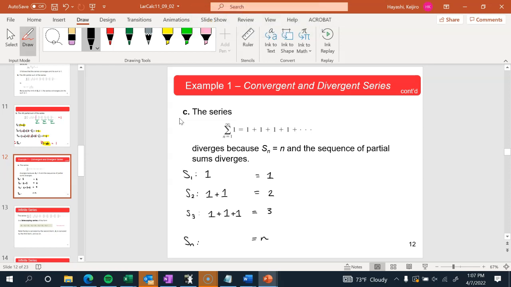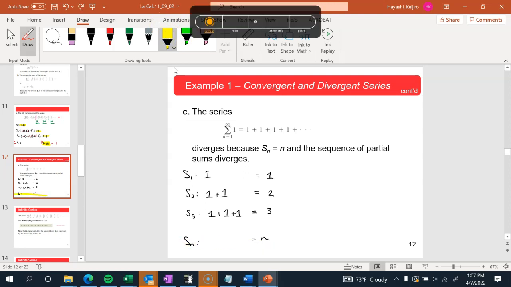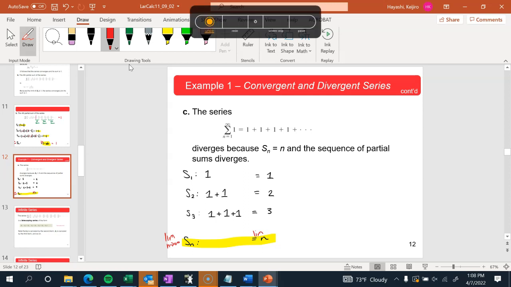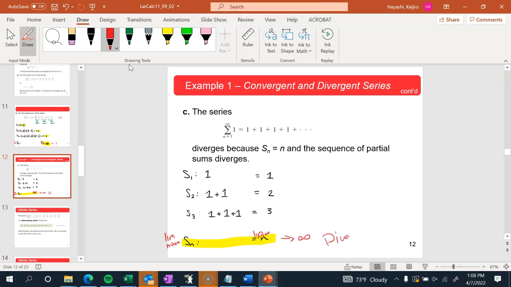If each term is a 1, and you add n of those 1's together, it's going to make n. But the limit of this, as n goes to infinity, is infinity. So this is a divergent series.